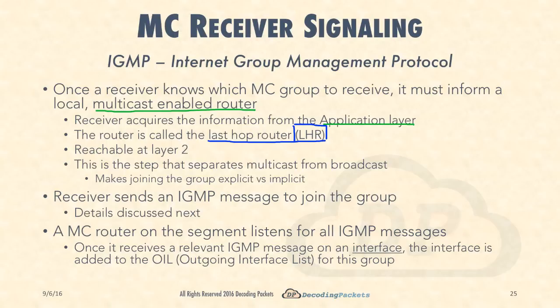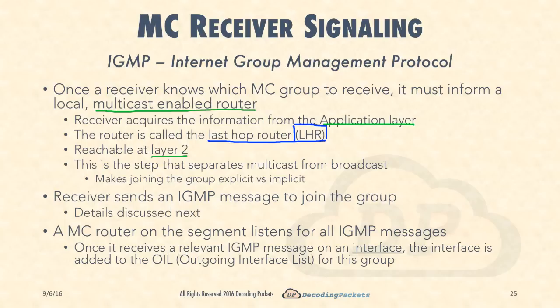It is that important. It's one of the more important routers in a multicast network, because that's where the receiver signaling is actually beginning. And like I said, it's on the same subnet, so it is reachable at layer 2. You have a direct connection to it.